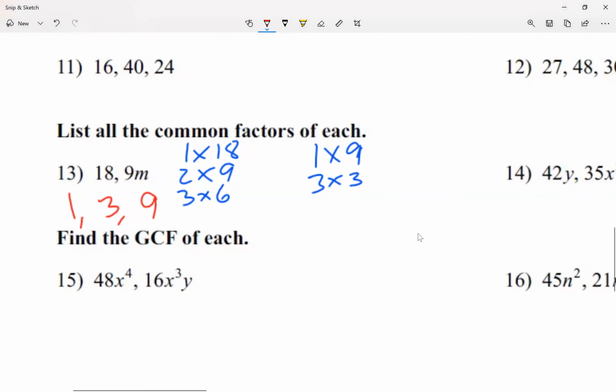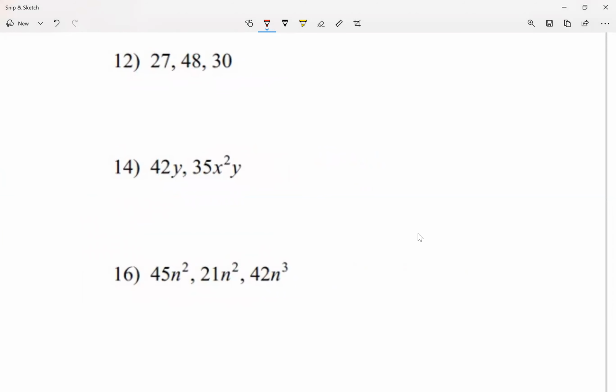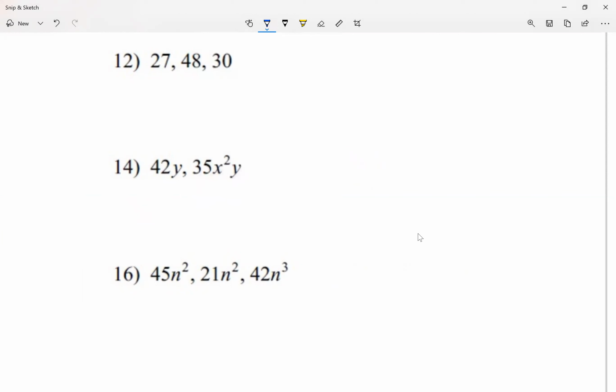Now let's take a look at number 14. Let me find the factors of 42. So factors of 42 are going to be 1 times 42, 2 times 21, 3 times 14. 4 is not a factor of 42.